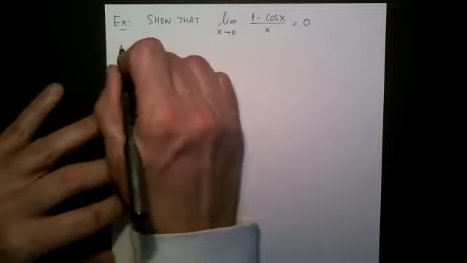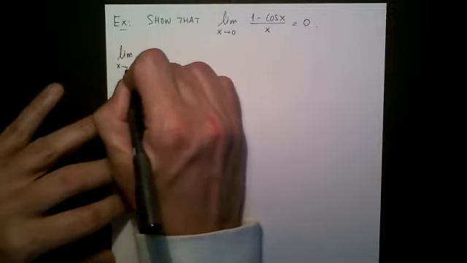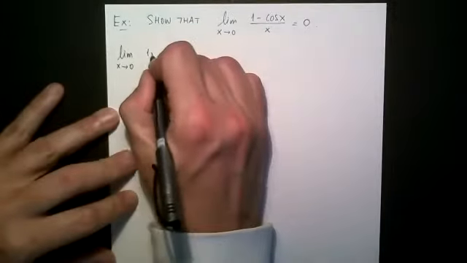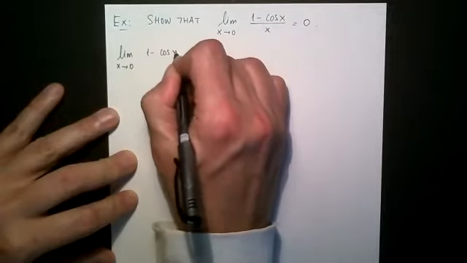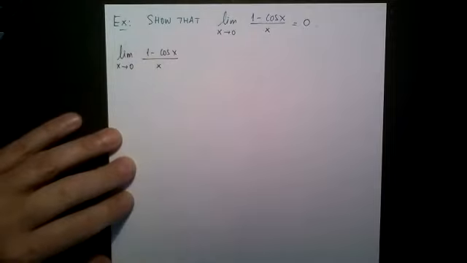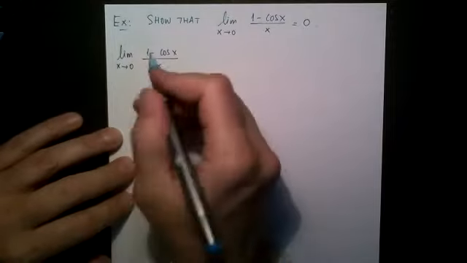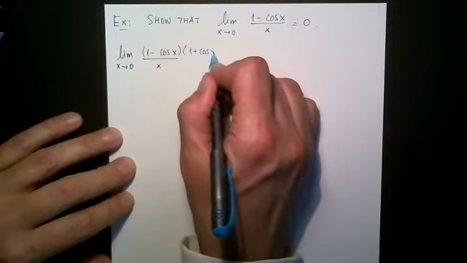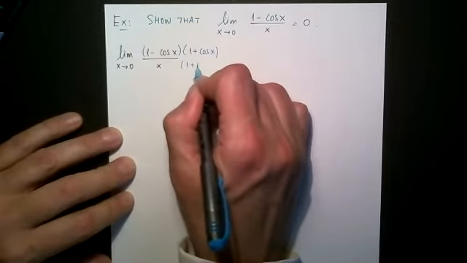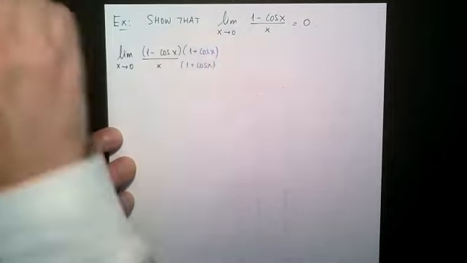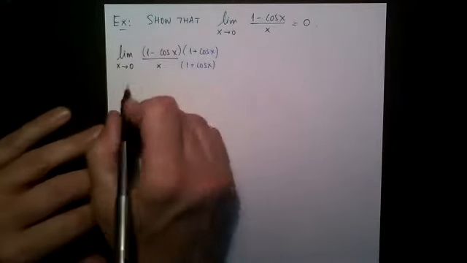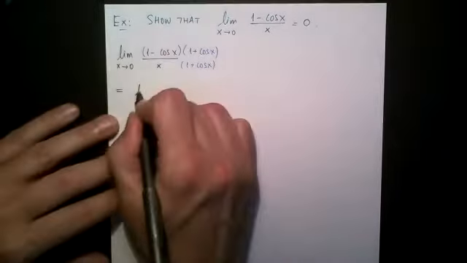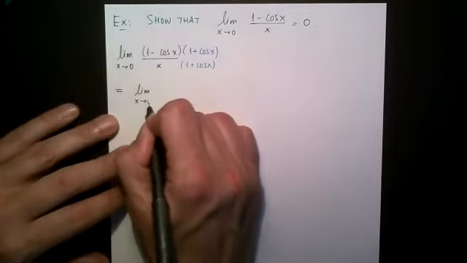So limit x approaches 0, 1 minus cos x over x. So of course, if you plug in 0 here, you get 0 over 0. So I will multiply by the conjugate, 1 plus cos x, and on the bottom, 1 plus cos x, equals limit as x approaches 0.